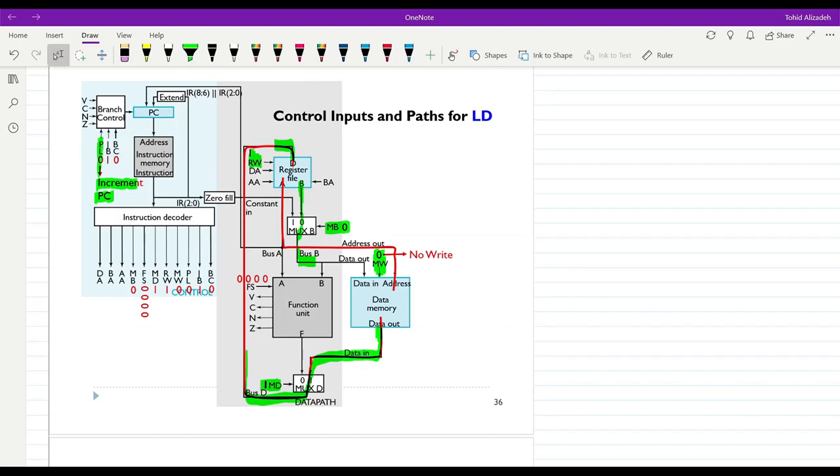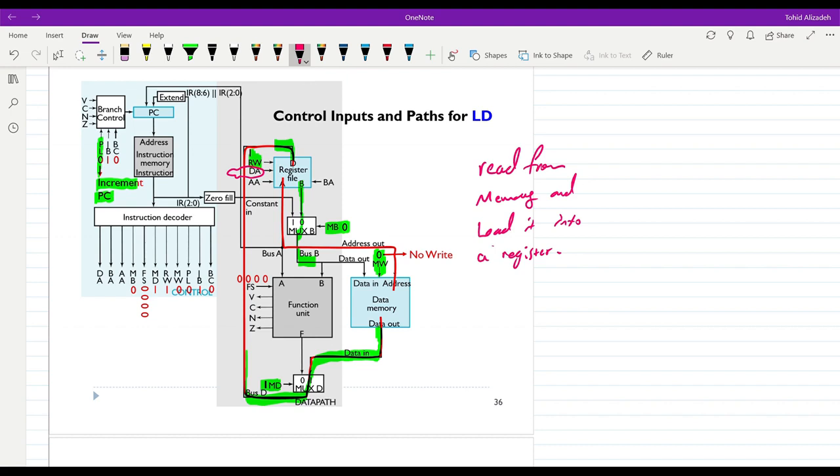We just load, or in other terms, we just read from the memory, and load it into a register. Which register? It is determined by DA.